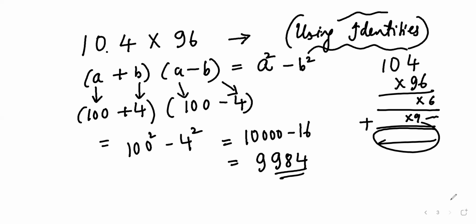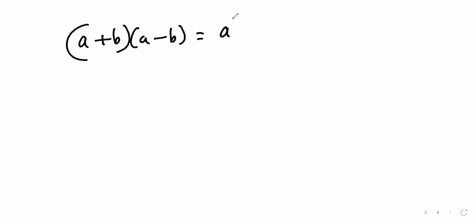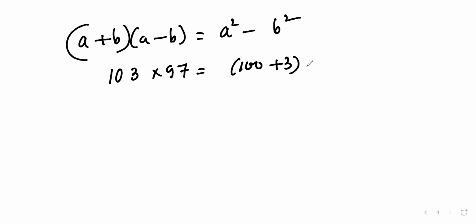This is an example problem where you can use identities. So just to recap, what is A plus B into A minus B? It will be A square minus B square. So you can try this out. Suppose I say 103 into 97. So the breakup will be 100 plus 3 into 100 minus 3.